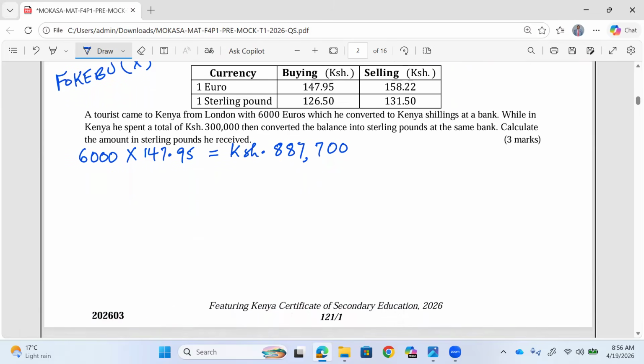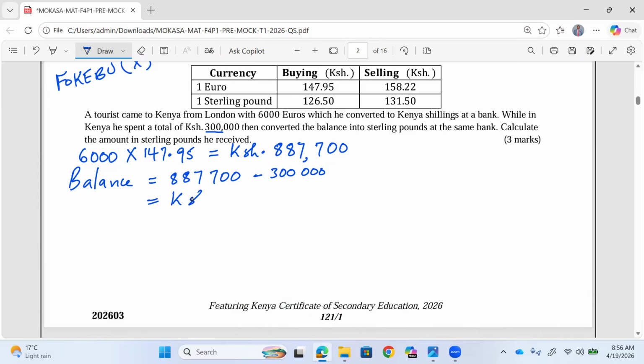Now, while in Kenya, the tourist is going to spend. So after spending, there is some balance. This is now what we need to focus on. What is he going to remain with? Because it is the balance to be converted to sterling pounds.